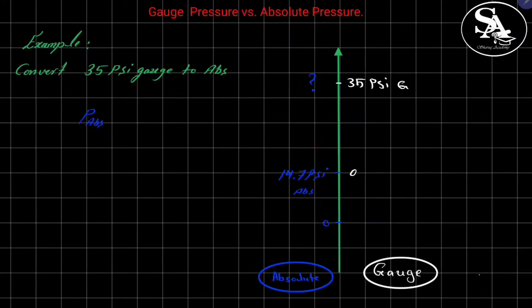So our absolute pressure will equal this 35 psi plus this 14.7 psi. 35 psi plus 14.7 psi. So our absolute pressure will equal 49.7 psi ABS.